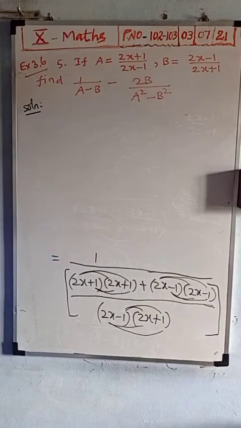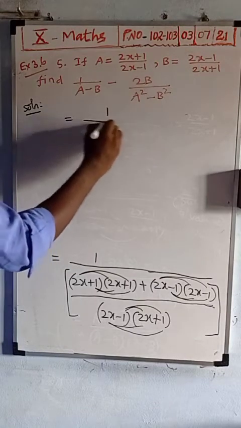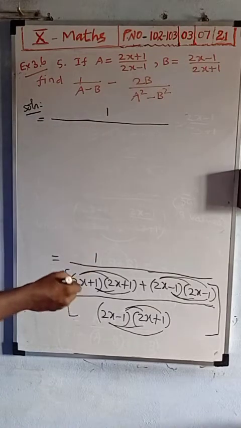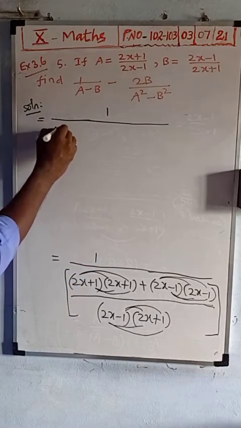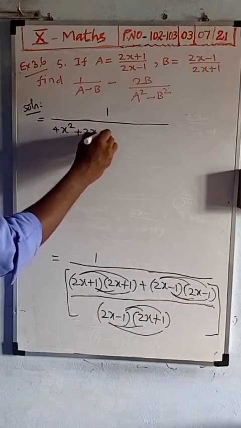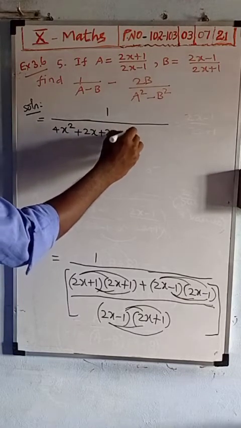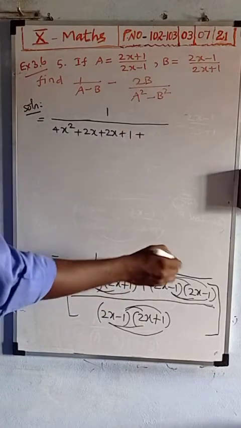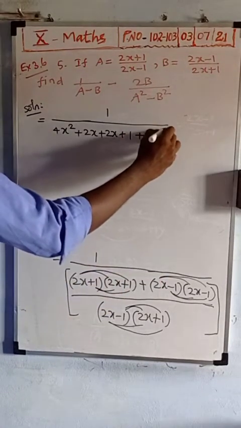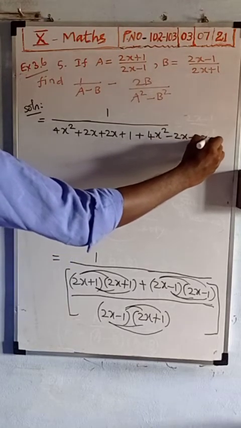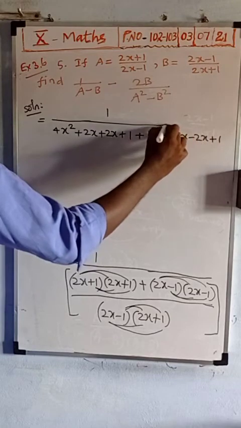Therefore here, 1 divided by the numerator. First 2x into 2x, 2 2s are 4, 4x squared. Next plus 2x, plus 2x, plus 1: 1 into 2x is 2x, 1 into 1 is 1. Like that, plus 2x into 2x, 4x squared. Next minus 2x, minus 2x, minus into minus, plus 1.